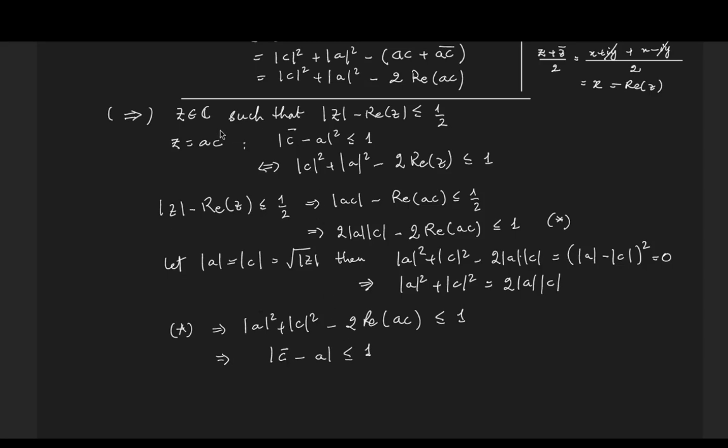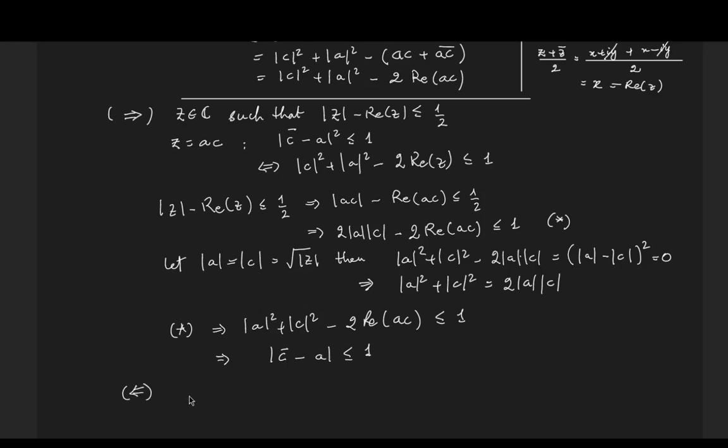So if we have this inequality here, then there exist, of course, a and c in the complex set, so that |a| is equal to |c|, and of course, since z is the product of both, this modulus here should be the square root of |z|.